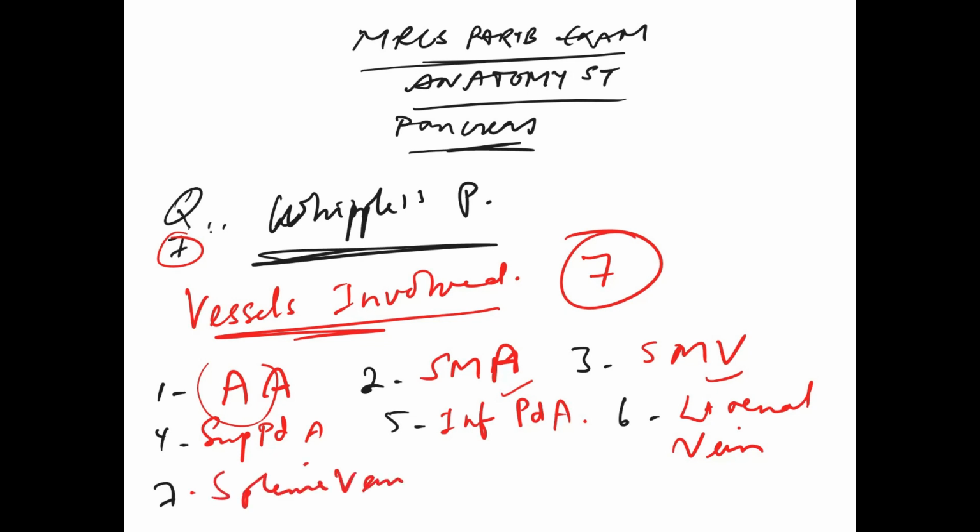Fine. So you want to find a way to remember these, but you want to know that the abdominal aorta, superior mesenteric artery, superior mesenteric vein, superior pancreaticoduodenal artery, inferior pancreaticoduodenal artery, left renal vein, and splenic vein are involved in the procedure. And in this way, you are going to finish this station in a very successful way.